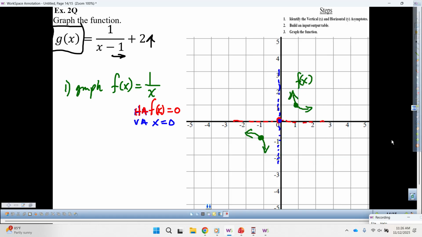So, let's start with the points. Start with this one. First of all, this point right here is 0, 0, right? So we're going 1 to the right and 2 up: 1, 2. That means my asymptotes are right here and right here.